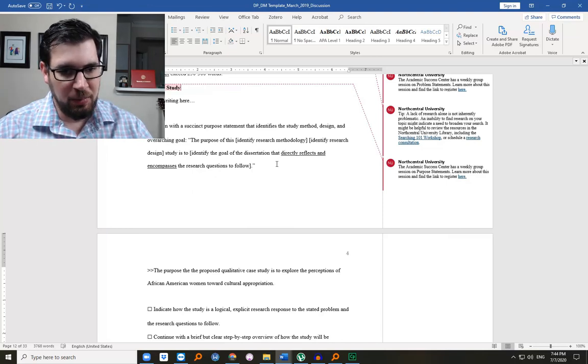That could be an example. So it's pretty straightforward, and you want it to be very straightforward and singular, very focused.